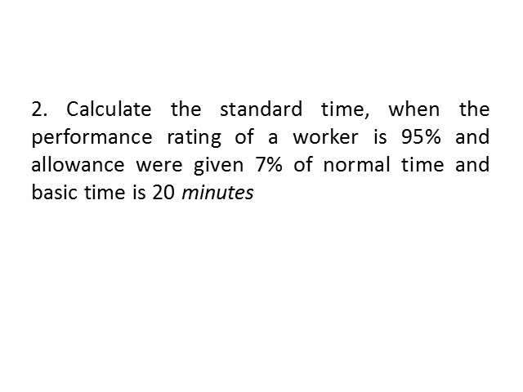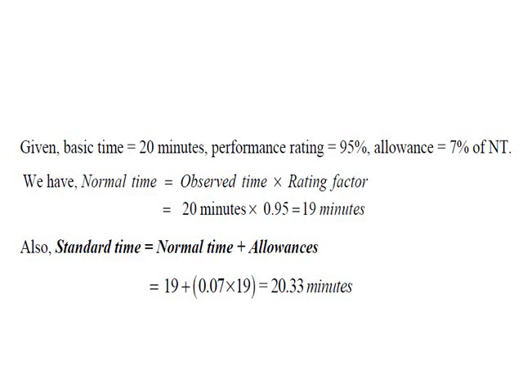The second example is similar to the first. Calculate the standard time when the performance rating is 95%, allowance is 7% of normal time, and basic time is 20 minutes. What is basic time? The observed time. So basic time is 20 minutes, performance rating is 95%.